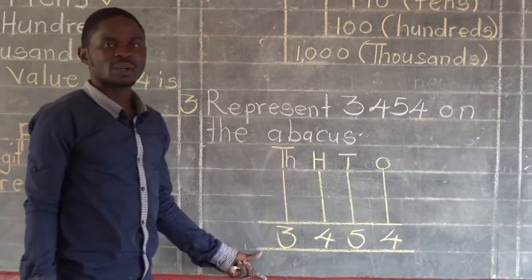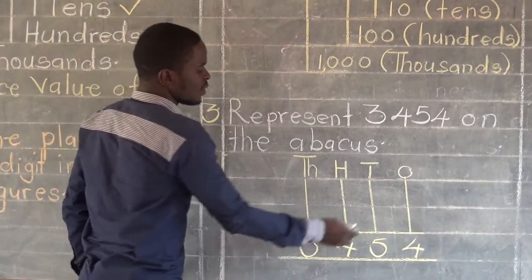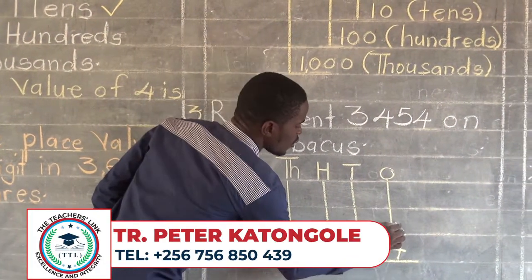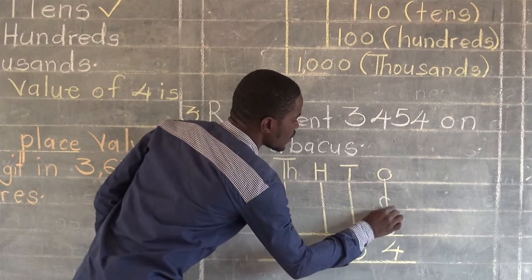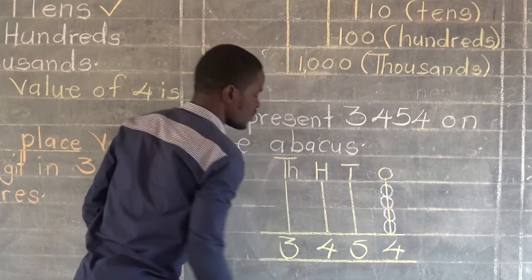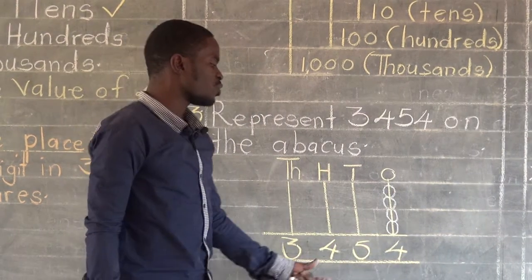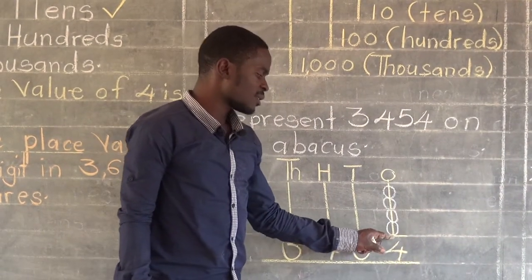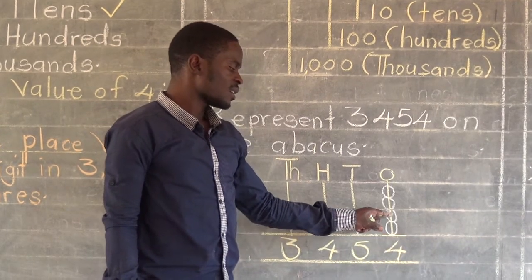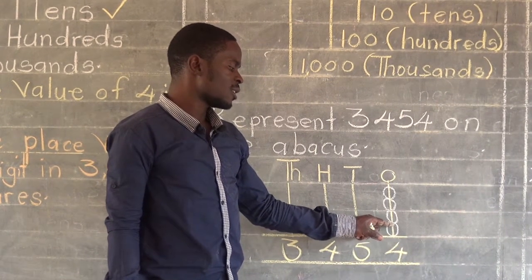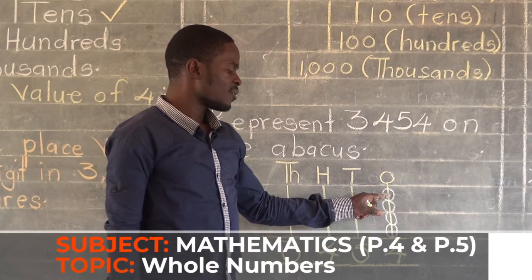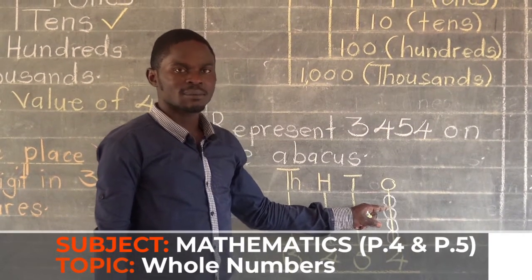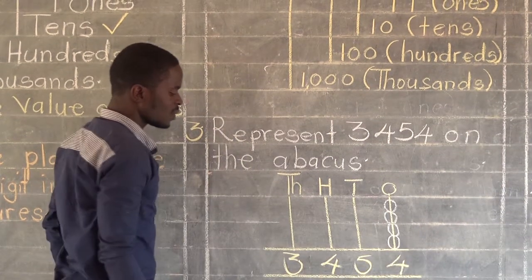Then after this, we are going to draw our beads. Here we are supposed to draw 4 beads. 1, 2, 3, 4. Make sure when you're drawing your beads, the first bead sits on this line, the second bead sits on the first bead, the third bead sits on the second bead, and the fourth bead sits on the third bead. Then let's go to the next one.